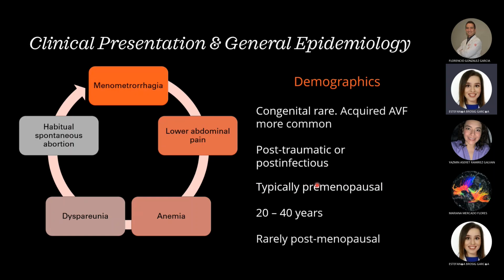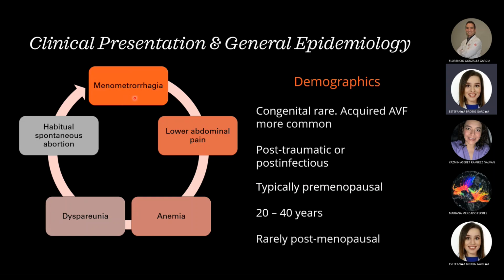It typically affects premenopausal women during the 20 to 40 years, and is rarely present in postmenopausal patients. The clinical presentation consists of menometrorrhagia, intermittent and unexpected, resistant to treatment.